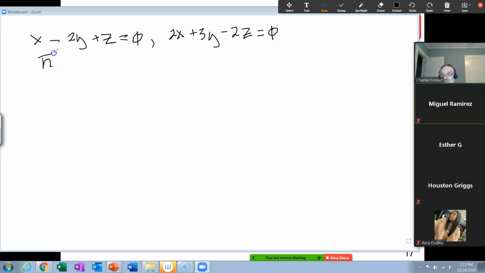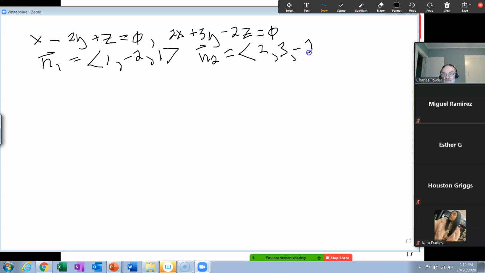So n1, the normal vector for this plane, is going to be 1, minus 2, 1. The normal vector for this plane, we'll call it n2, is 2, 3, negative 2. Okay, we know the normal vectors for those two planes. They are the coefficients of the variables.